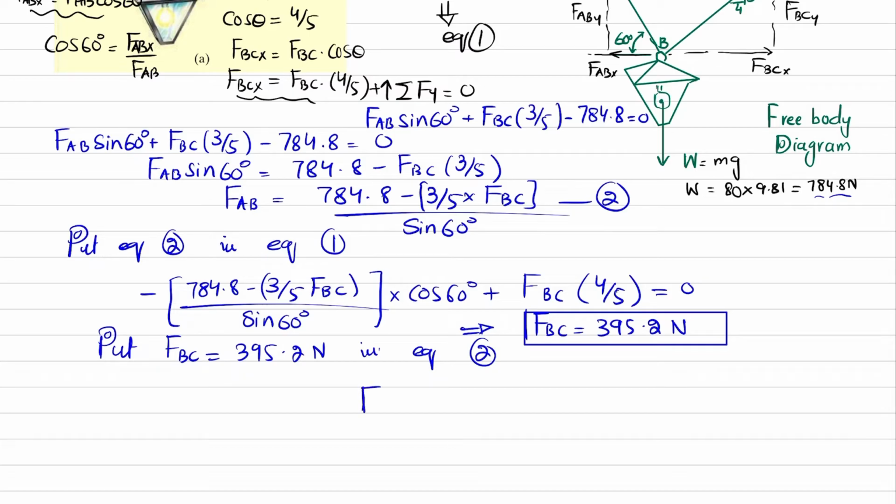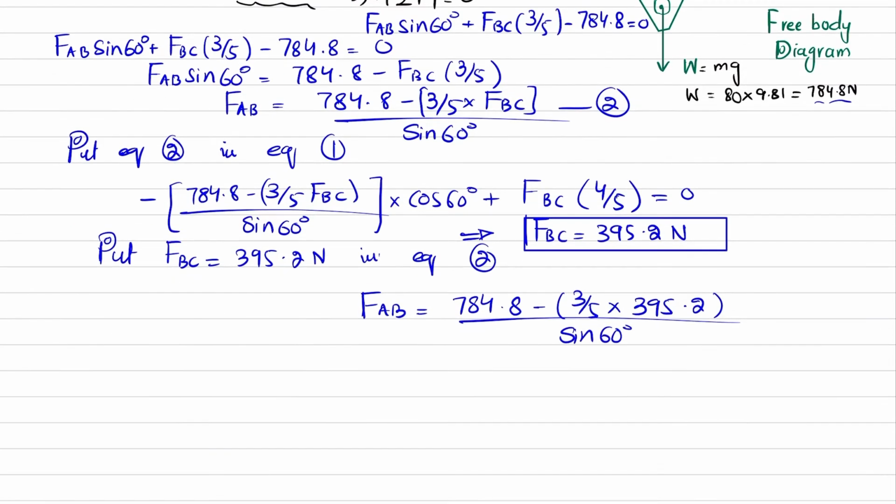So you will get FAB is equal to 784.8 minus 3 by 5 multiplied by 395.2, divided by sine of 60 degree. So you will get this FAB will be equal to 632.4 Newton. Now you have forces in both the rods.